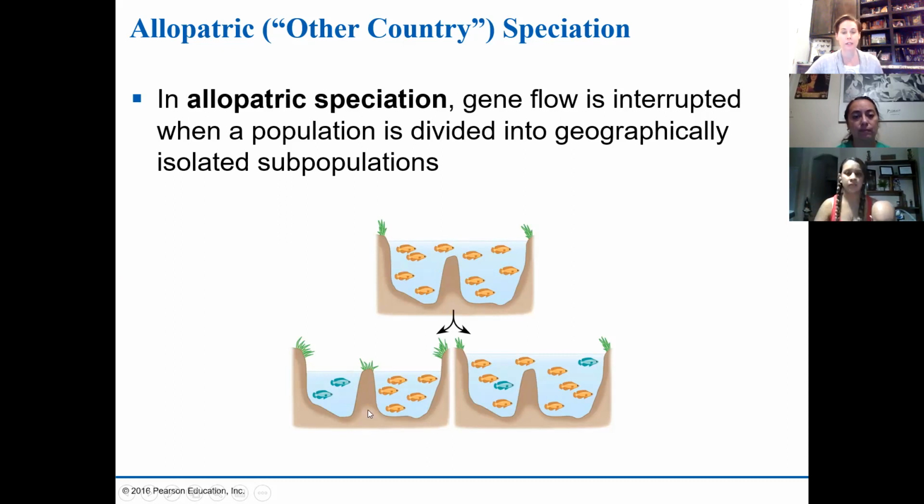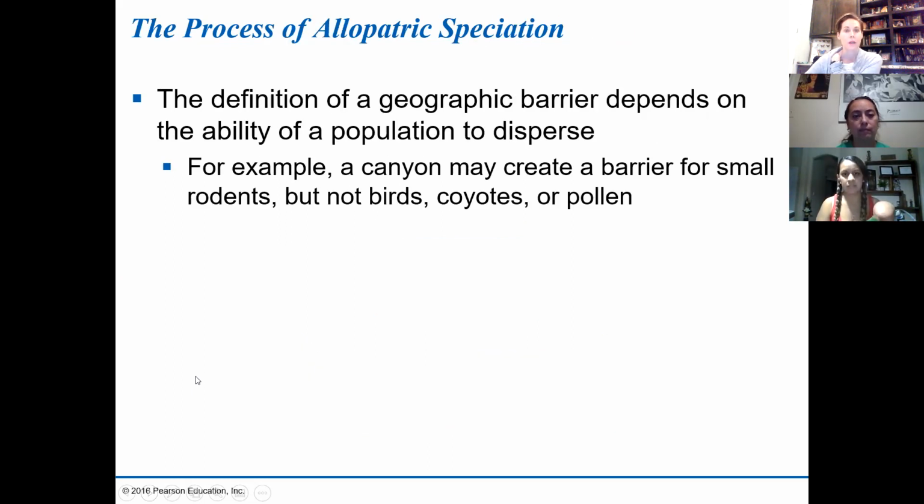The soil starts to build up, or the water goes down, I guess. And you separate these two fish and you end up over time with two different species. Or the water goes up, and so the fish are now able to mate with one another. And so gene flow changes over time because of that geographical barrier or geographical isolation.